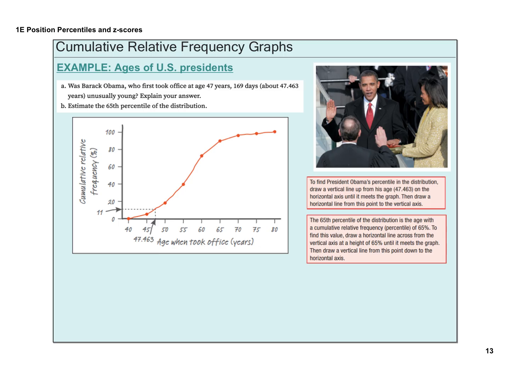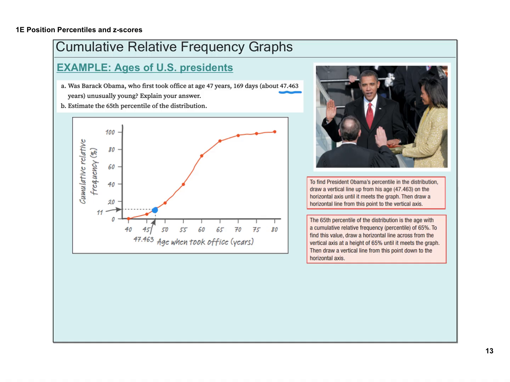So let's go to that example with President Obama. It says, Part A, Barack Obama, who first took the office at age 47 years, 169 days, so about 47.463, unusually young? Explain your answer, okay? So here is his marking. You can see they put it on the graph for us.